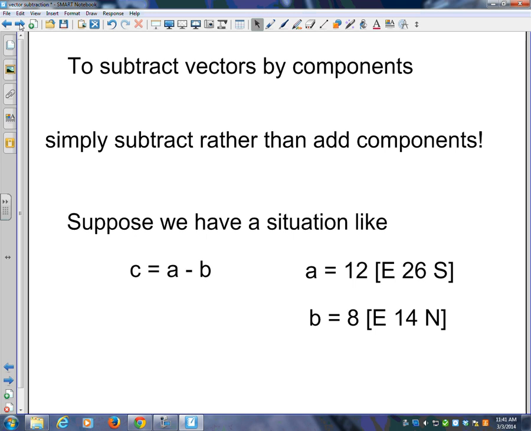Really. Okay? So here's a completely arbitrary, made up, doesn't mean anything kind of problem. You've got vector A is 12 at east 26 south, and vector B is 8 at east 14 north. And for some reason, you've been asked to subtract these vectors. Okay, we won't get into the y part, we'll just do the actual math part.